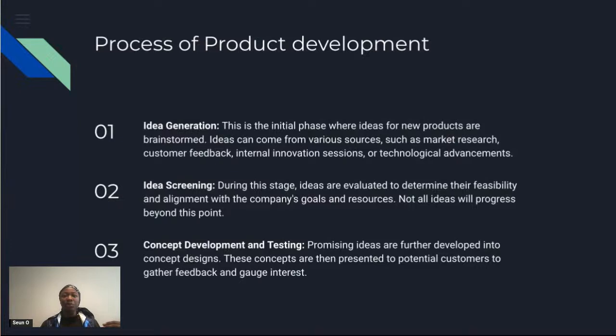This is the point where you need to call them together and say, guys, this is the idea we have. You've gone past the screening phase, so let's go and ask these customers if this is what they like.